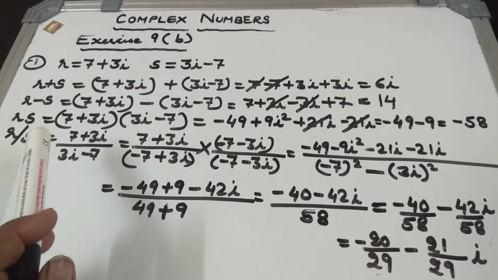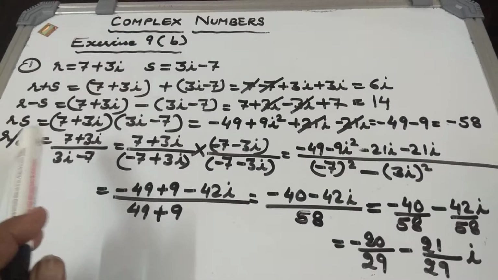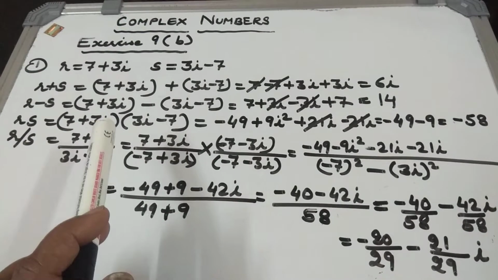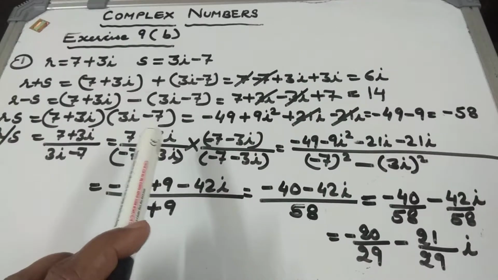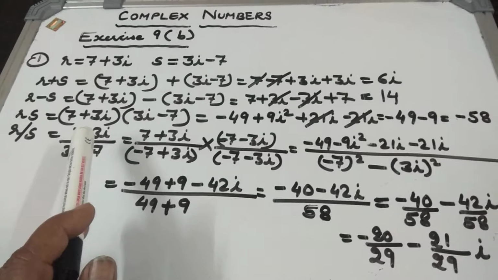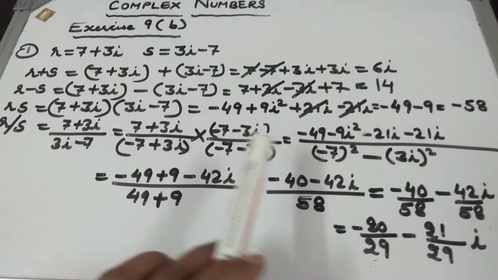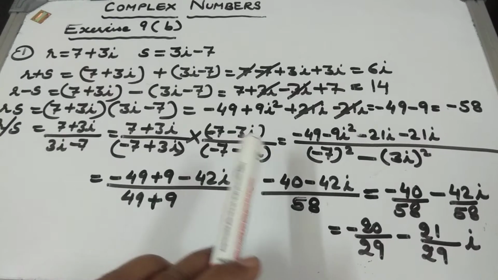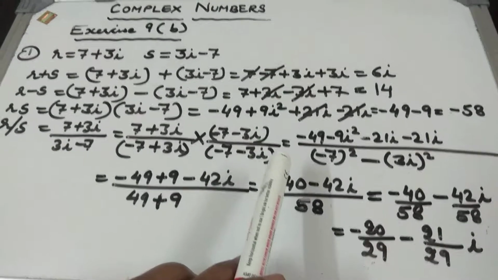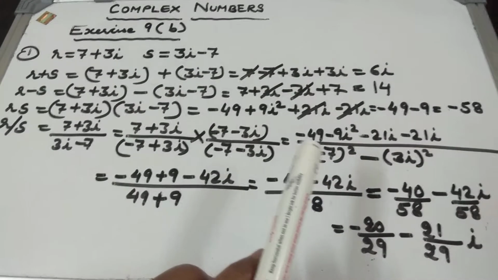Now comes multiplication. Multiplication means r into s, multiply these two. I have told you just now only. So do the term-wise multiplication and get the real part separately and imaginary part separately, and the final answer is obtained like that.